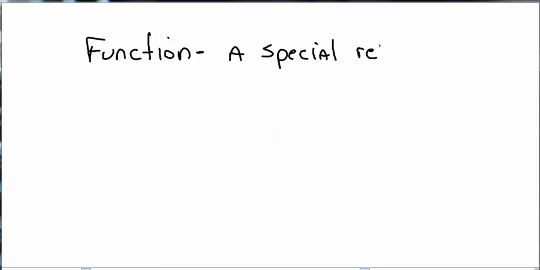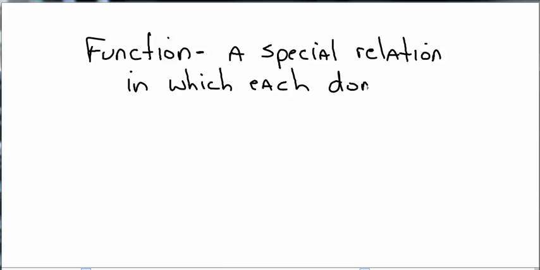Alright, function. A function is a special relation in which each domain is paired with exactly one range.